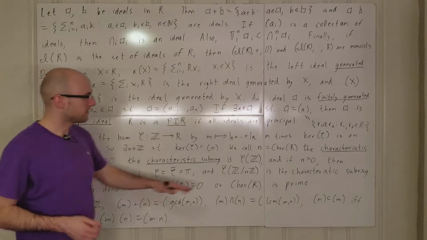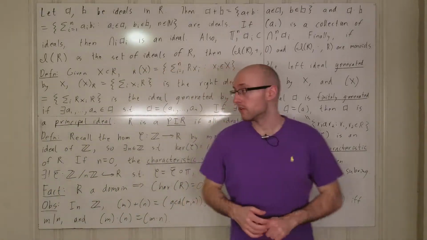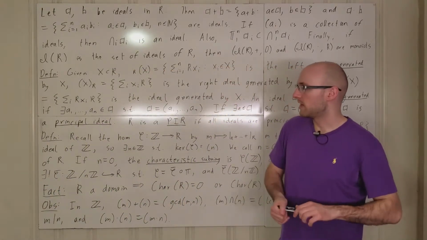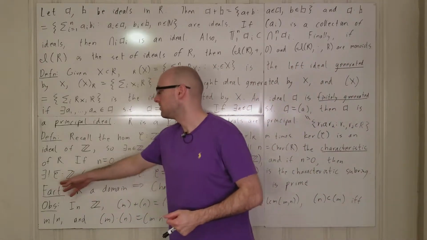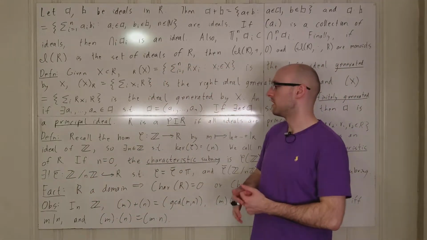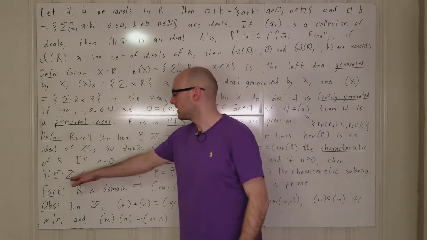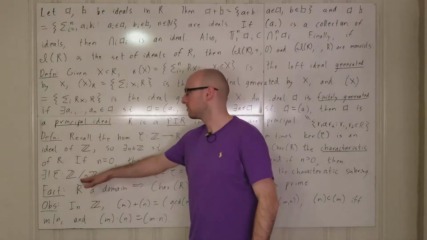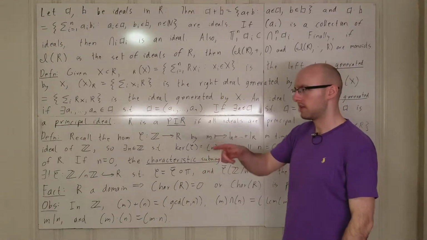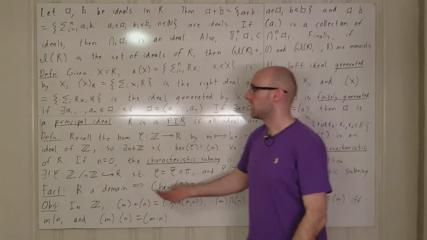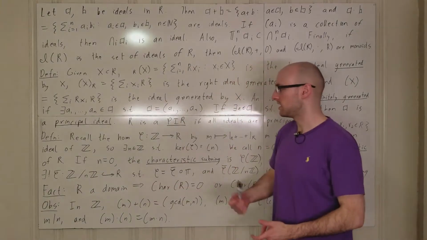Now, if n is greater than 0, then we know by the fundamental theorem of ring homomorphisms that there exists a unique ring homomorphism from Z mod its kernel, which is the ideal generated by n, which you can write as nZ, so it's literally just Z mod nZ.